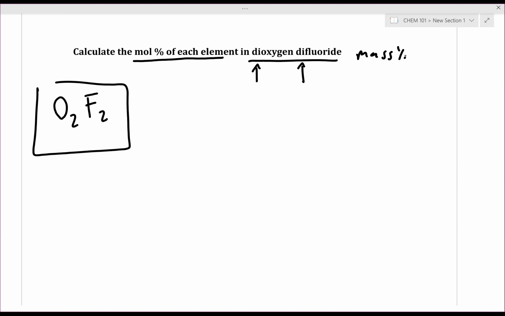Mole percent and mass percent. Everything going okay? For the mole percent? Oh, how many moles of oxygen do we have? How many oxygen? Yeah.